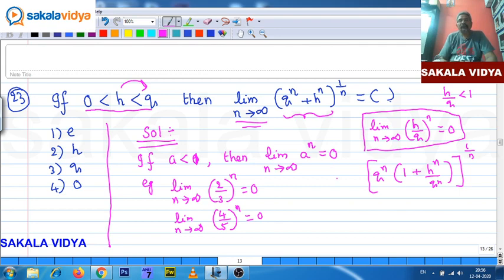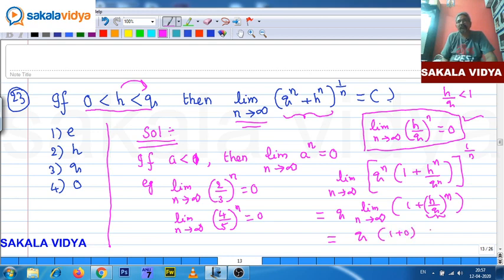So we have limit n tends to infinity, q to the power of n whole to the power of 1 by n is q. Take out q common, limit n tends to infinity, we have 1 plus h by q whole to the power of n. Now check it, what is h by q whole to the power of n? 0. So, this is replaced by 0. So, q multiplied by 1 plus 0. So, answer is q. So, that means third option.